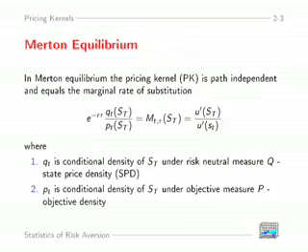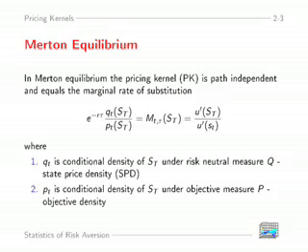Everything is just to say that in a Merton equilibrium, we can write down the pricing kernel simultaneously as the marginal rate of substitution and as the ratio of the conditional density of the asset under the risk neutral measure and under the objective measure.